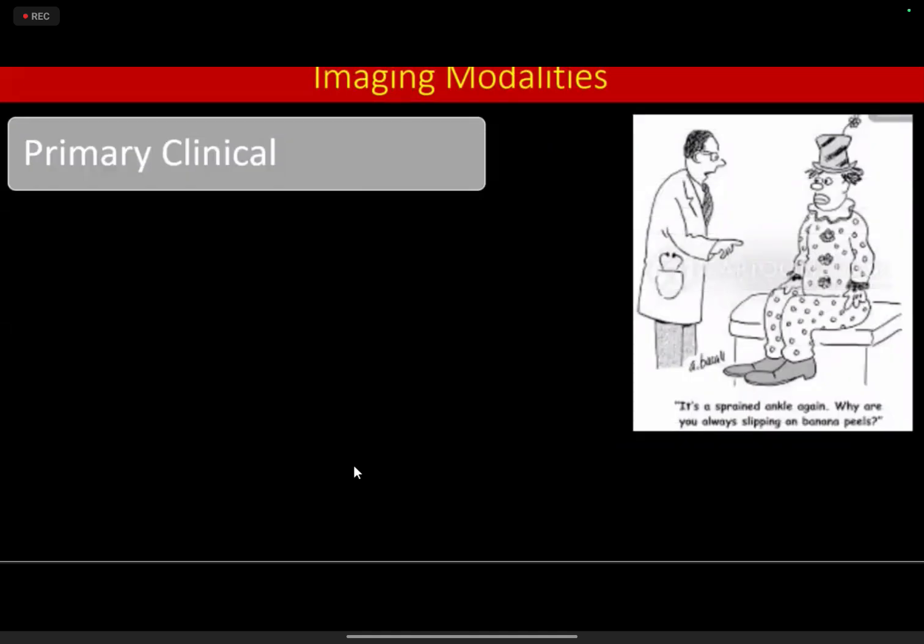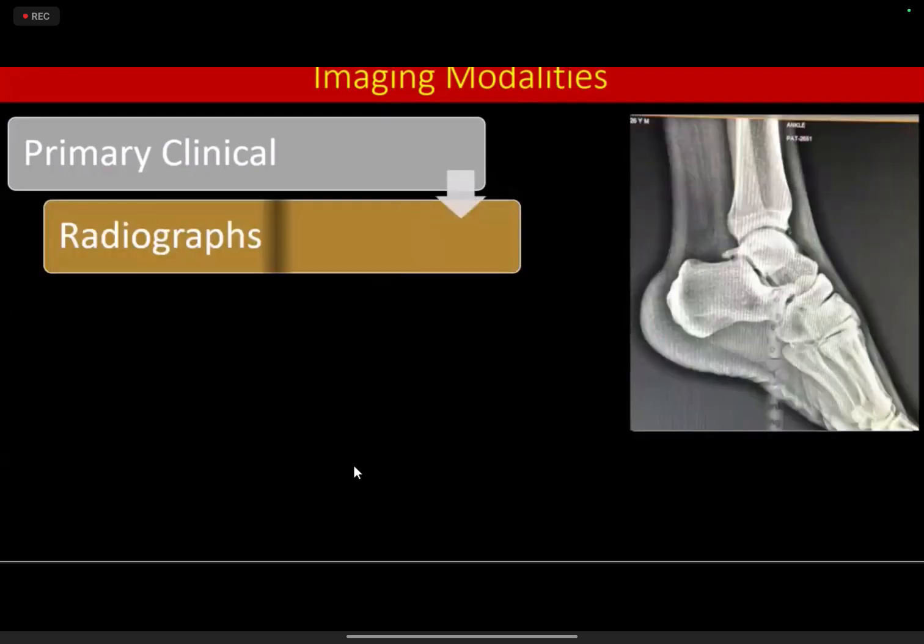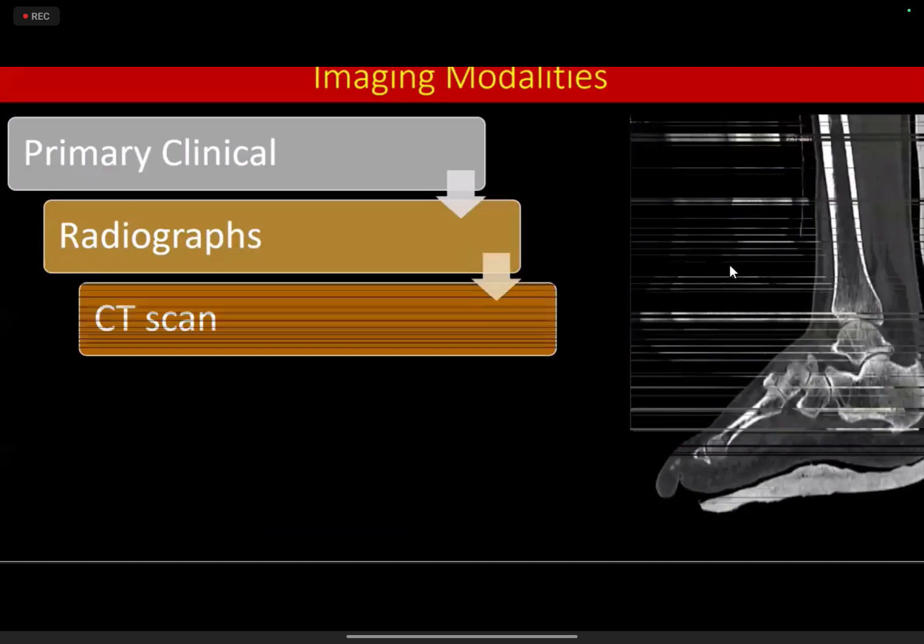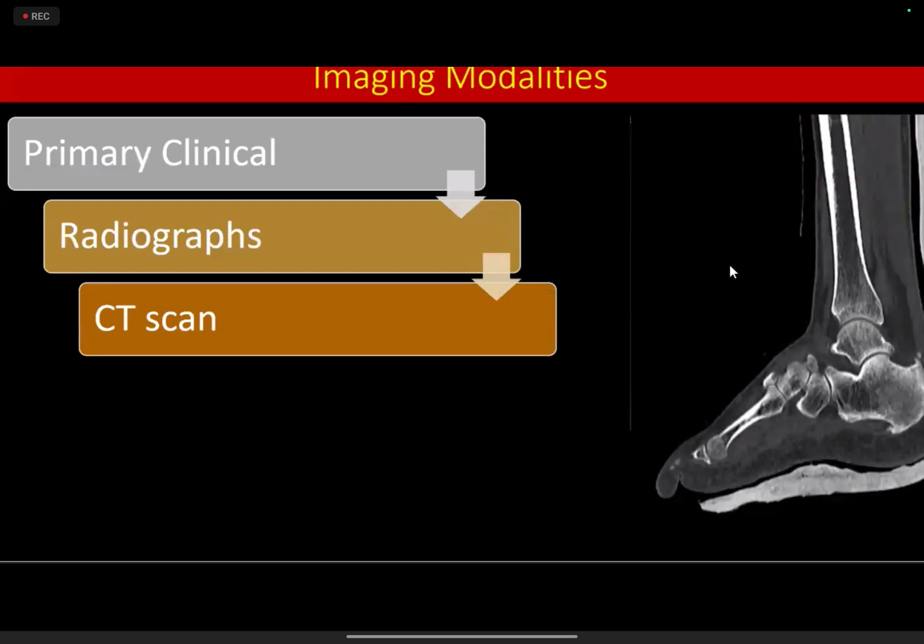We have multiple imaging modalities, but the diagnosis, as always, is primarily clinical, as we get patients who are referred from the orthopedicians. Radiographs can help us by providing osseous information. CT scans are better when we are talking about extensive bony abnormalities or to identify occult bony abnormalities.